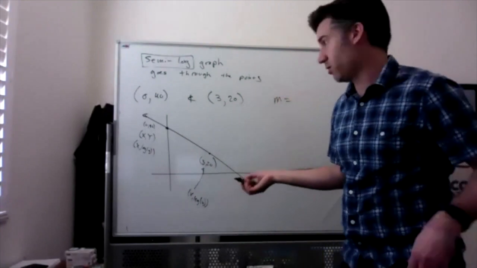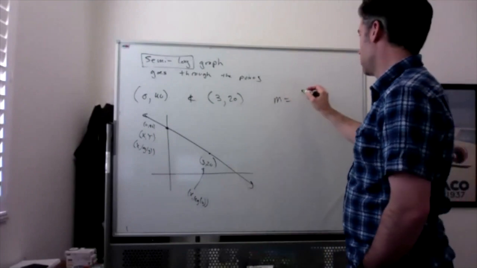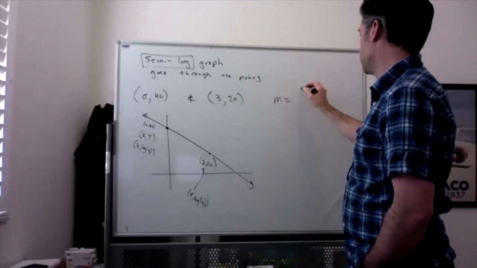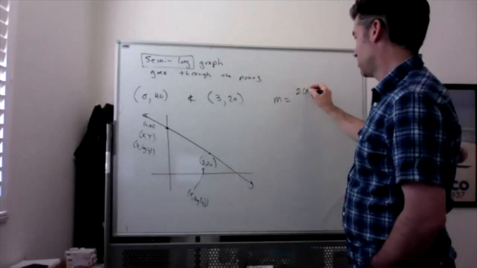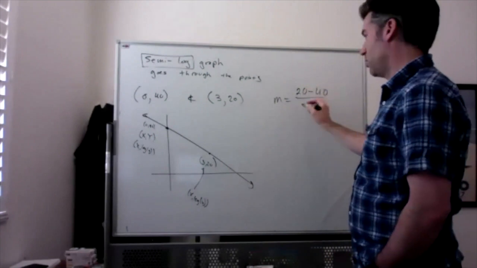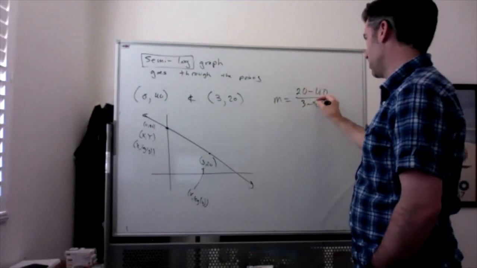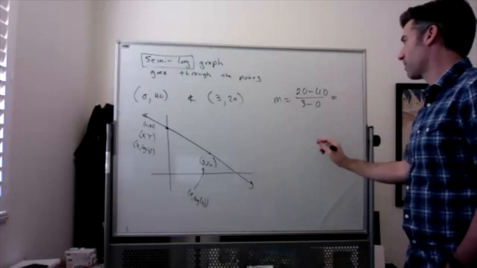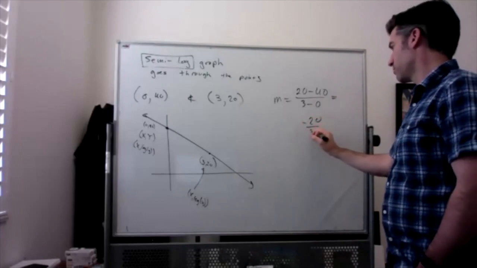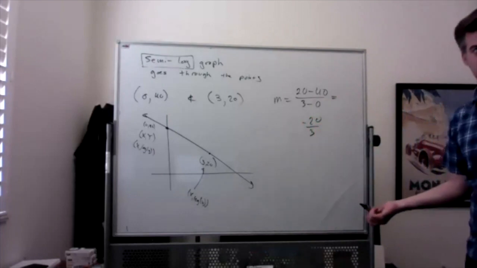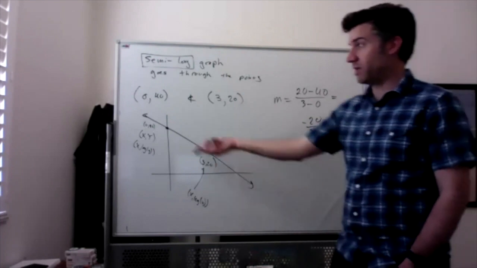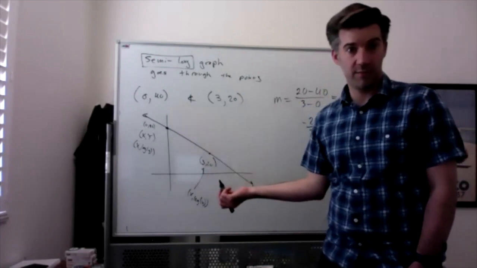It's just regular: 20 minus 40 over 3 minus 0, which is negative 20/3. That is the slope of this line on the log linear graph.